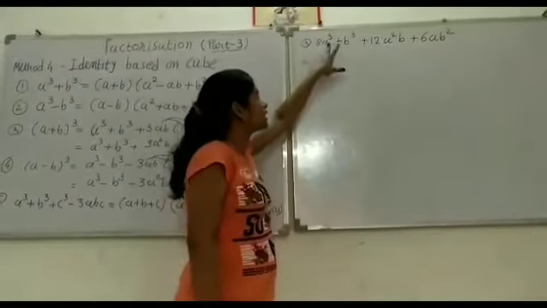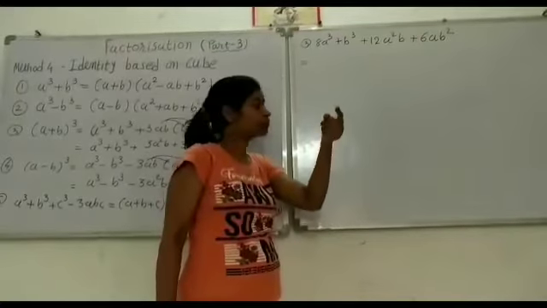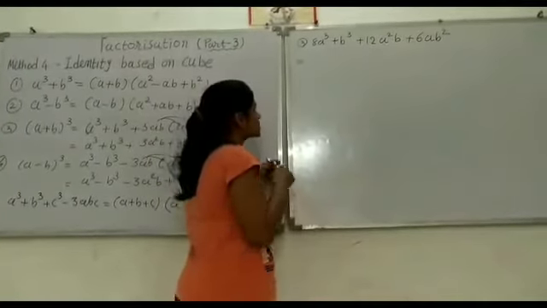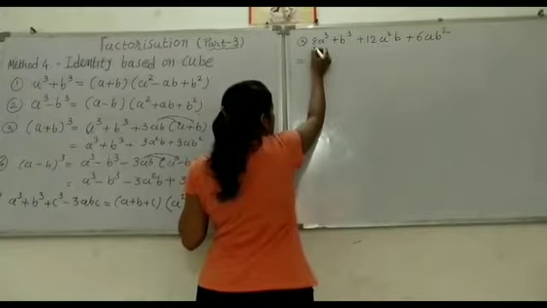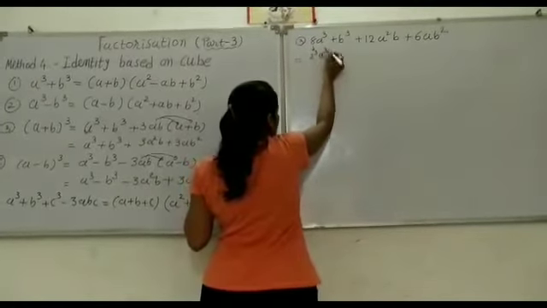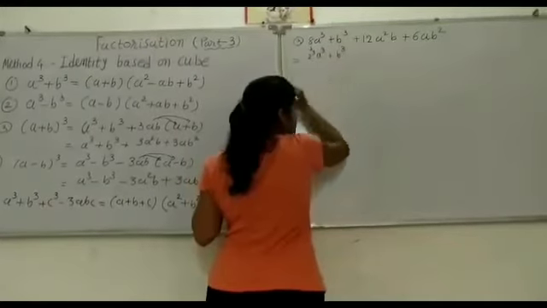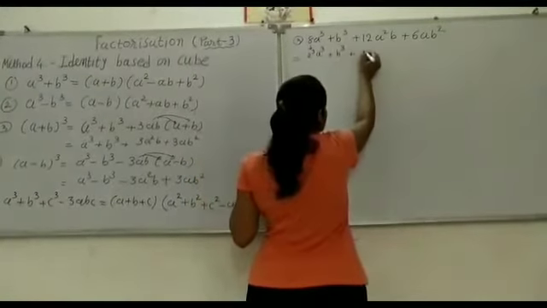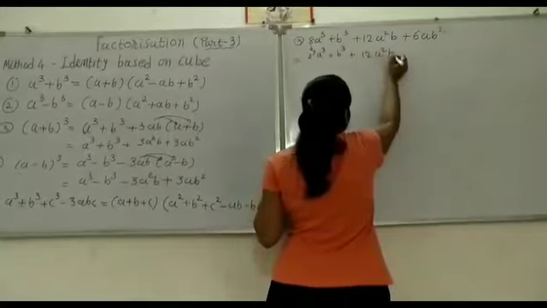Now 8a cube, 8 is a cube of 2. So you can write it this way: 8a cube, that means 8 is a cube of 2, so 2 cube, a cube. This is b cube. Now the rest you should write as it is.